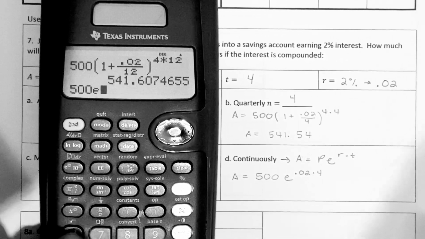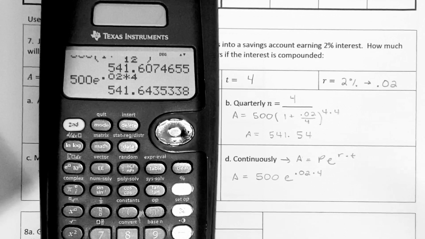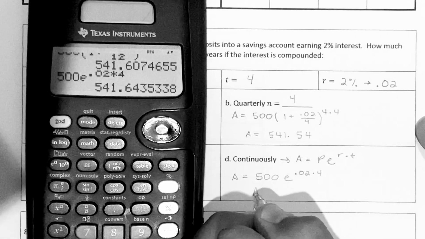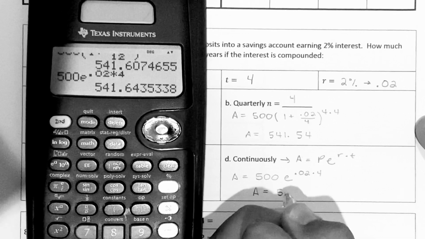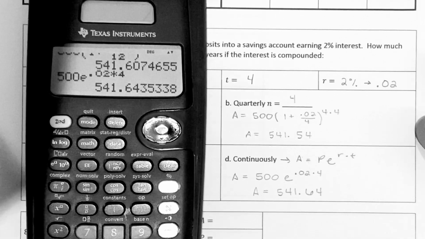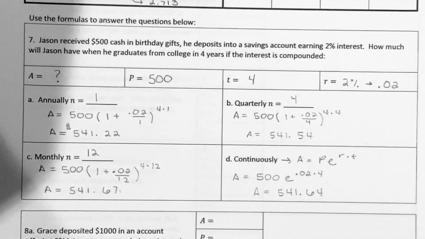And then I'm gonna raise that to 0.02 times 4. And that is that same $541, but slightly different change, 0.64. So if you compound it continuously is actually less than it was monthly.